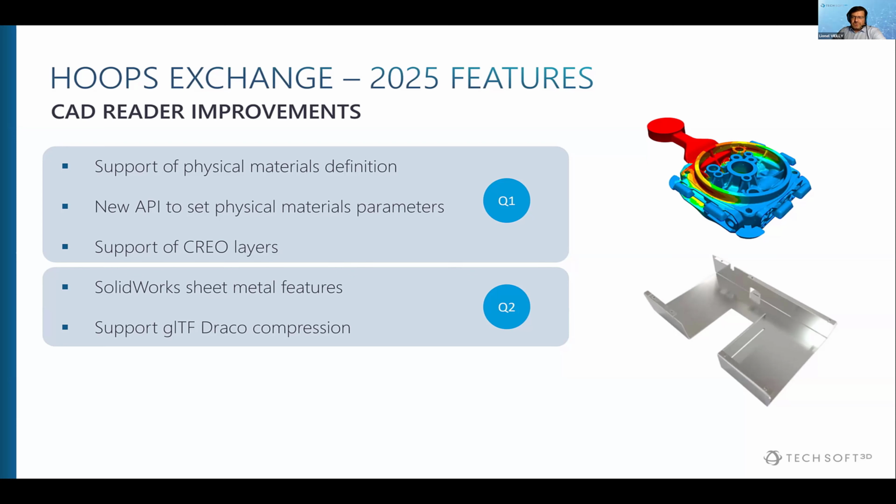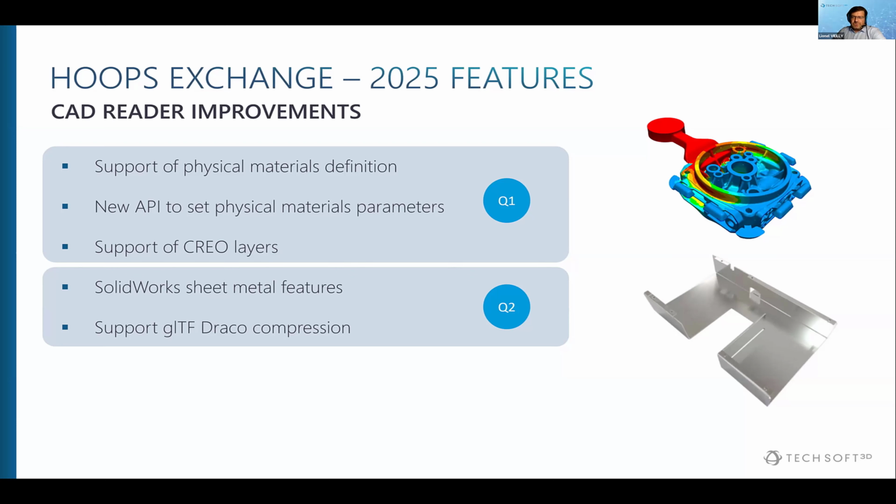Another topic is tessellation. It's very important because I would say almost all of our partners are leveraging our tessellation. We know that the standard tessellation of Exchange is mostly meant for visualization. It's fast to generate, and it's good enough for this standard visualization.